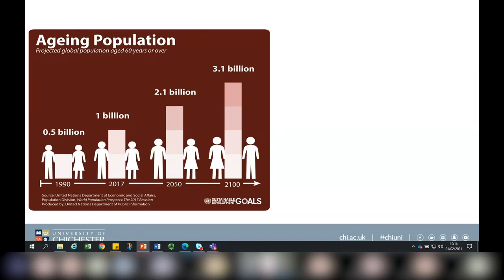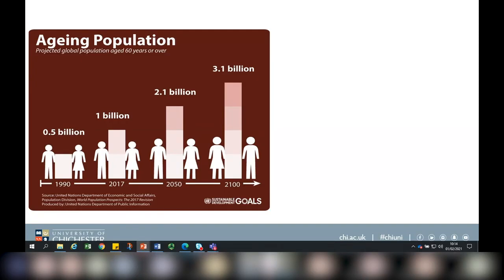Japan is leading the way with the number of older people it has. As an example, Japan had a very strict migration policy, and they had very, very few migrant workers. But what they're finding is, as they've got an older population, younger people aren't getting married or having relationships and having children.